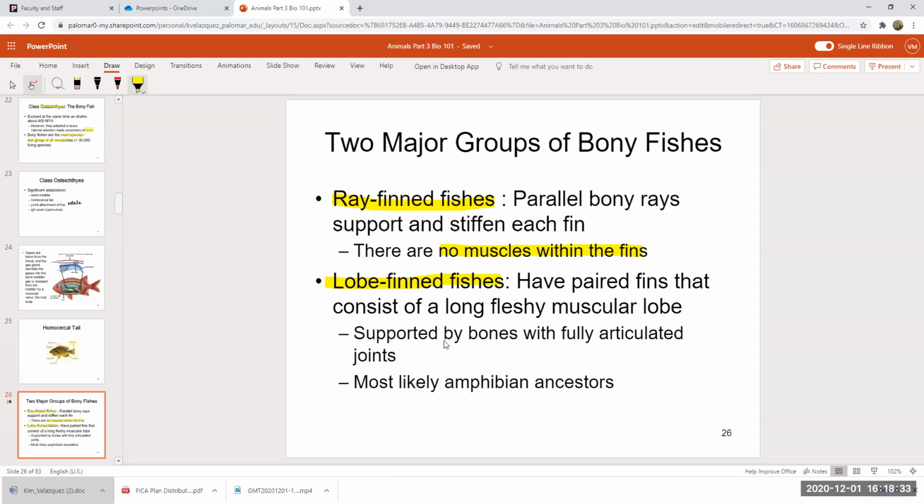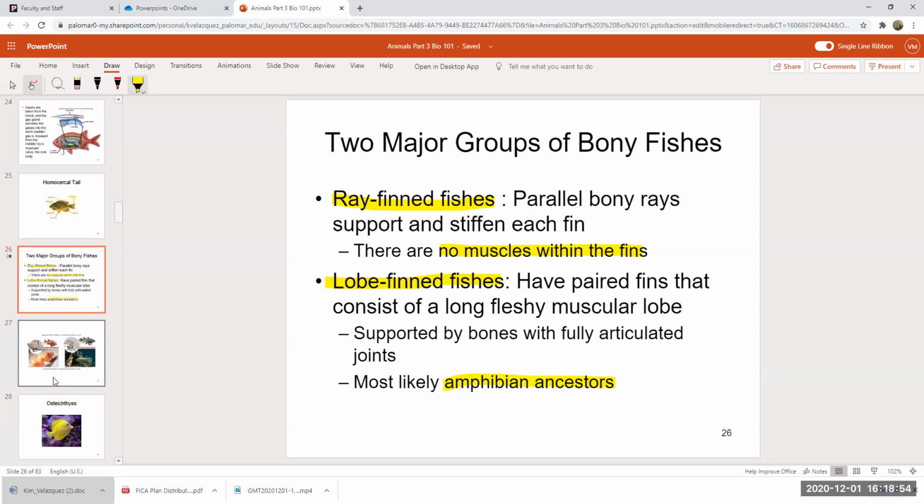Some of them even kind of walk. I'm doing the little air quotes right now that you can't see. They actually walk on the bottom of the ocean with these bone-supported fins. So those are most likely the amphibian ancestors, those lobe-finned fishes.